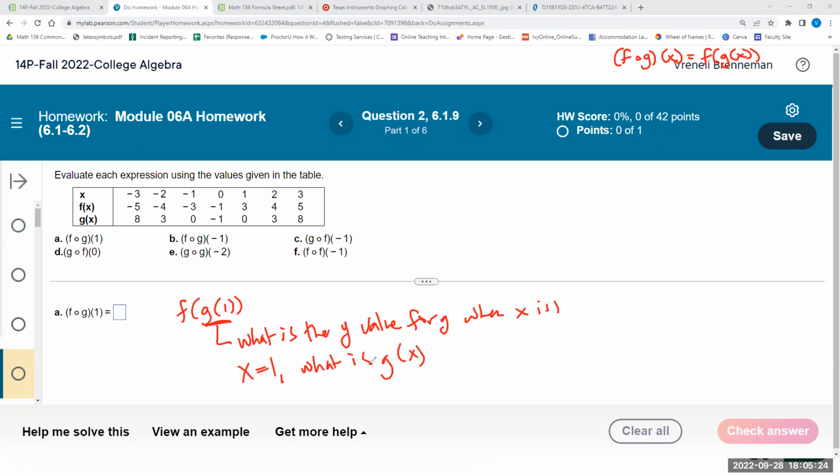So we look at the x row, we find 1, and we get that g of x is 0. So g of 1 is 0 from the table of values.